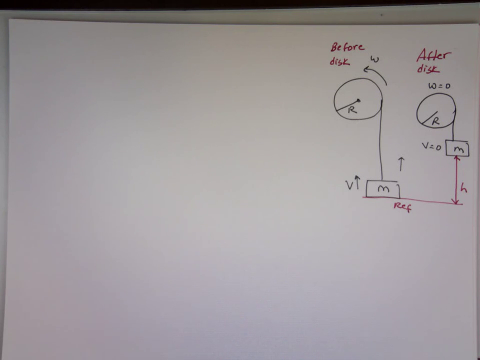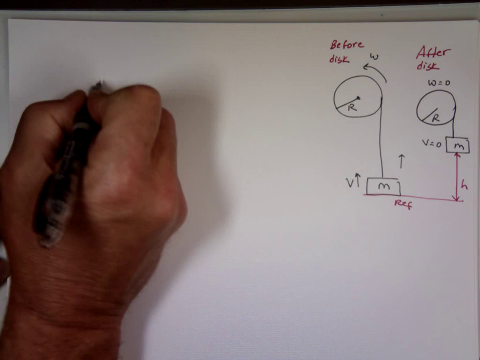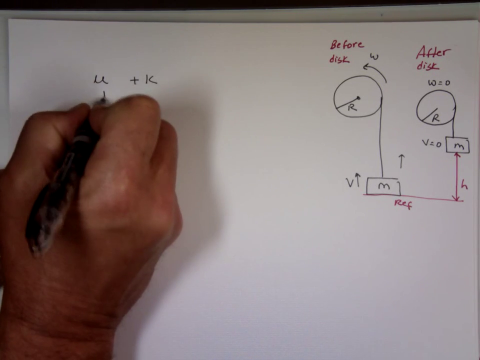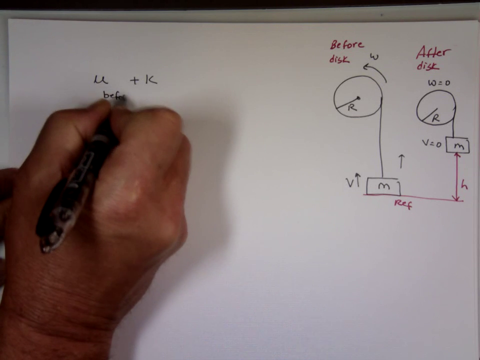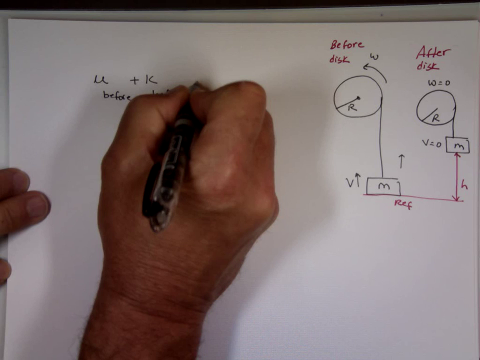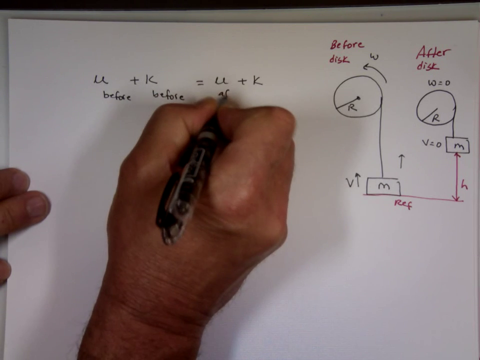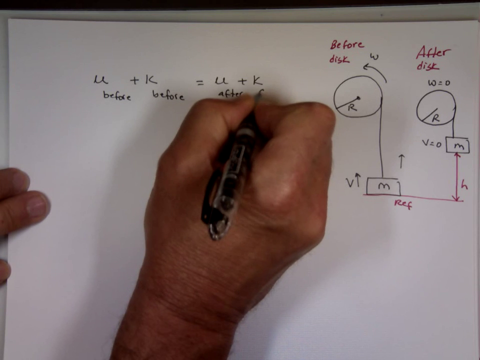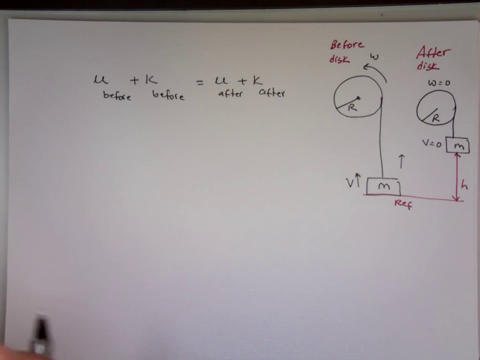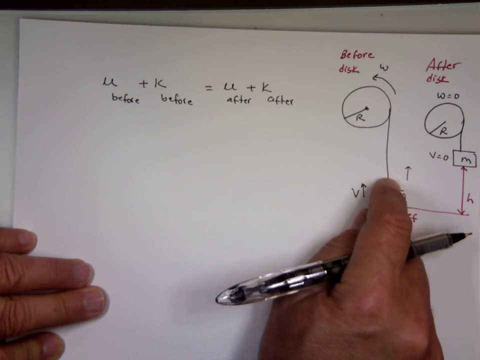We have conservation of mechanical energy. If you take the potential and the kinetic before, should equal the potential and the kinetic after. Again, when I say the word kinetic, I'm talking about both. This one has kinetic energy moving up, 1/2 mv squared. This one has a rotational kinetic energy.